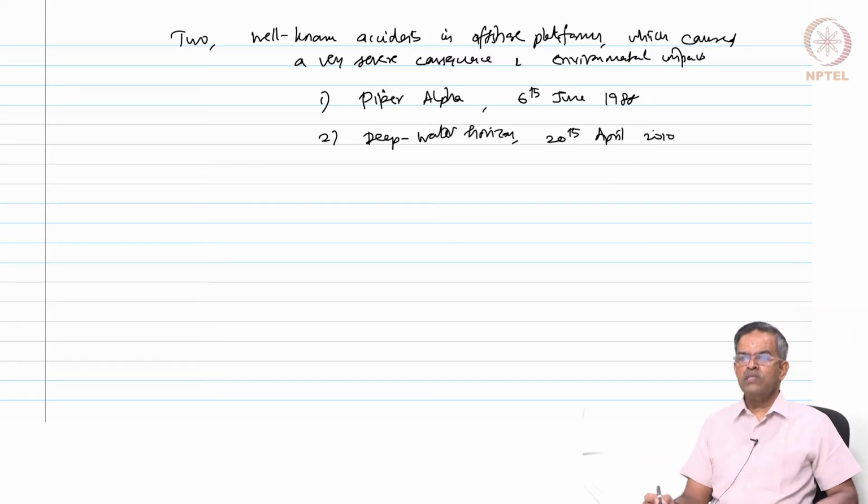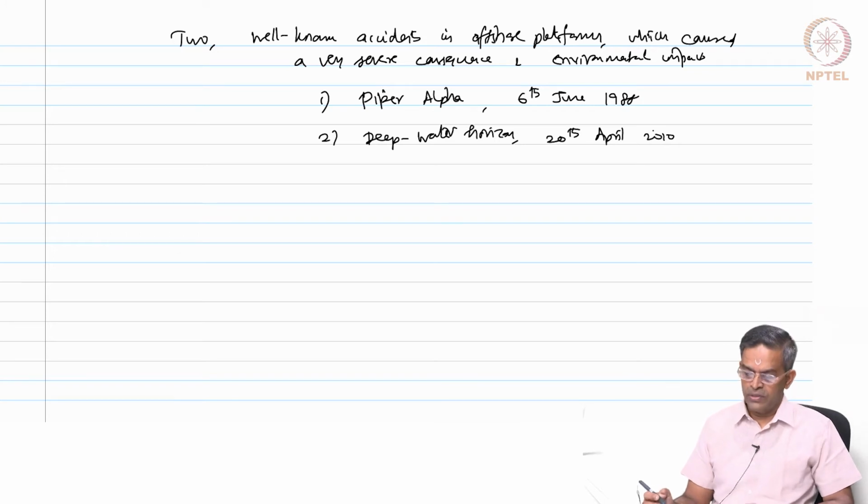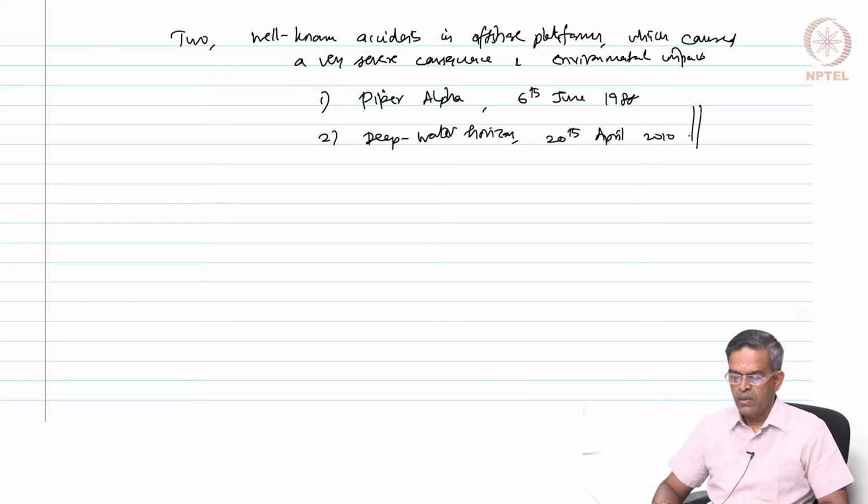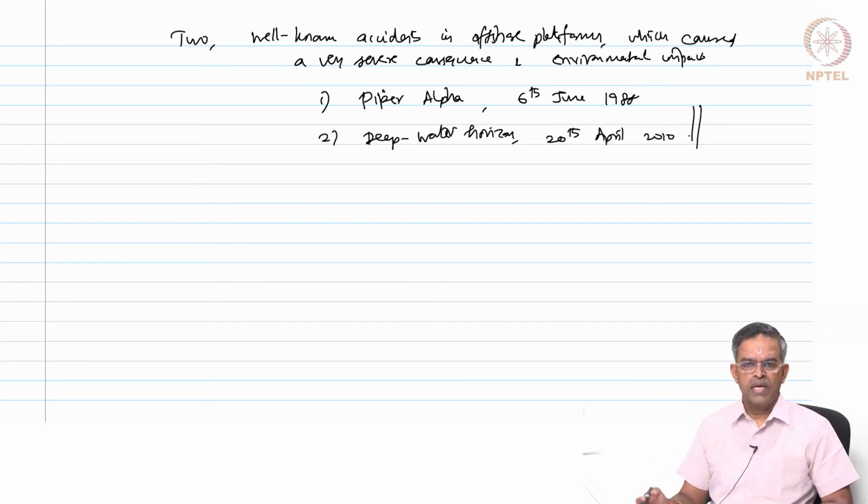Though the occurrence of these accidents is very low, they are not very close in time, maybe about 25 years apart. So they occur with very severe consequences at a very large interval of time.